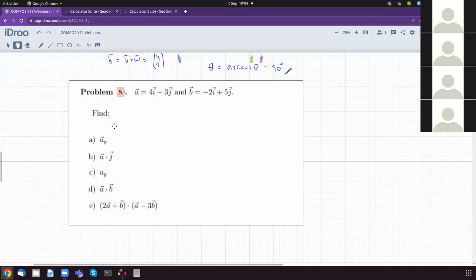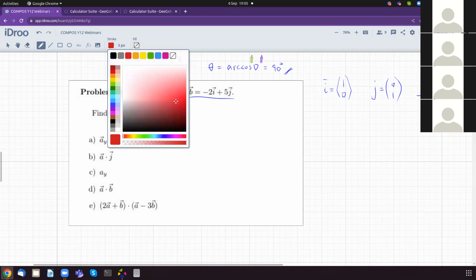So here, problem 5, we have vector A and vector B. Well, we know that vector I is 1, 0, and vector J is 0, 1. So these are the base vectors. And if you draw a 8 from the assignment, or 8 from my list.